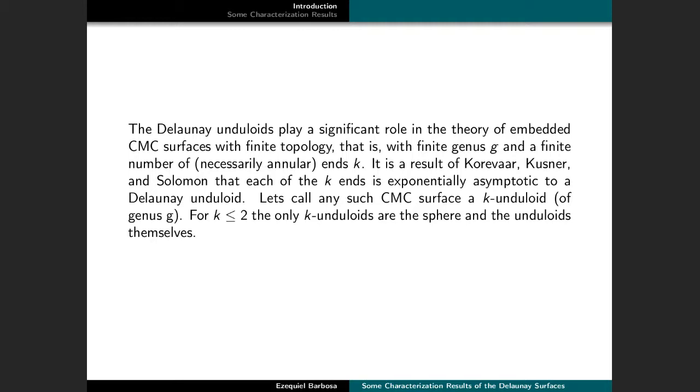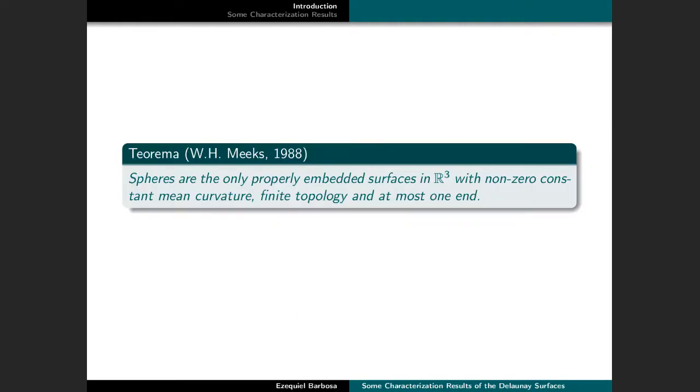Previously, Meeks proved that, in fact, spheres are the only properly embedded surfaces in R3 with non-zero constant mean curvature, finite topology, and at most one end.